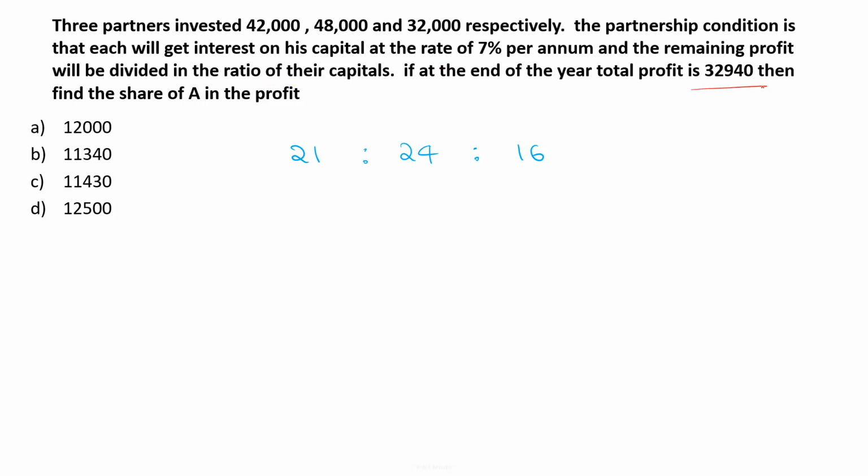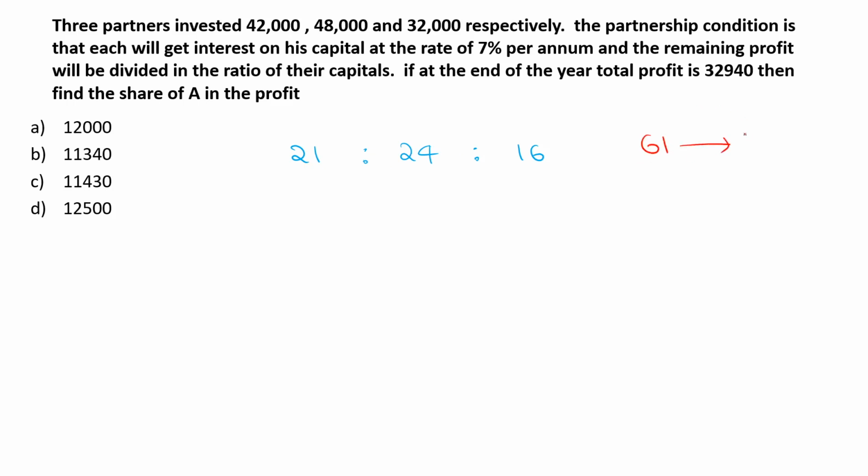If at the end of the year the total profit is 32940, then we need to find the share of A. In the previous videos also, I have made it clear that you can just neglect the 7% and all those things. That will change nothing. If you take the ratio as given in the question, transferring that 7% from each person to each person, and then dividing the remaining profit in the ratio of their investments, nothing changes. So let us understand the question simply: the total profit is 21 plus 24 plus 16, that is 61.